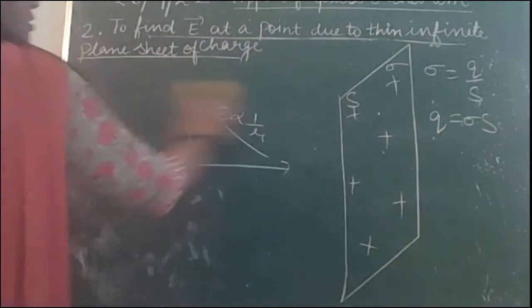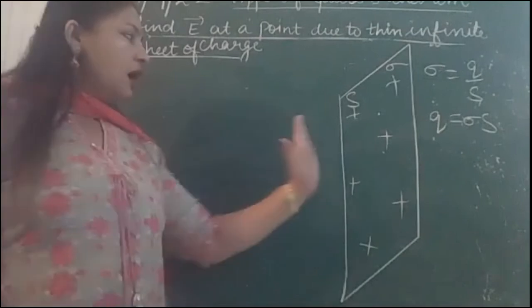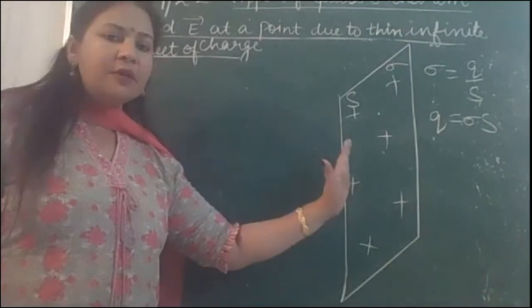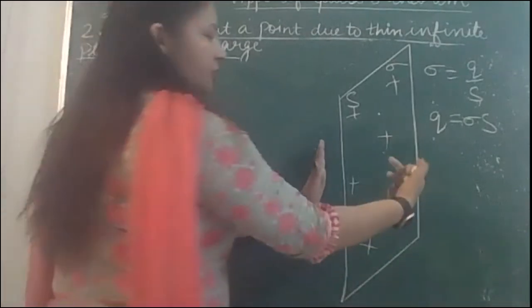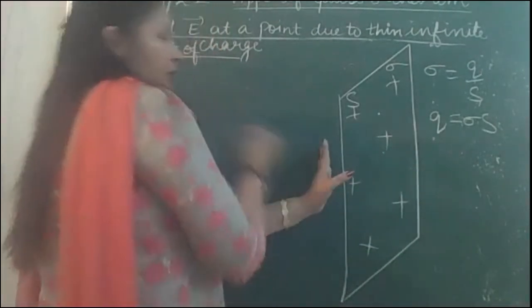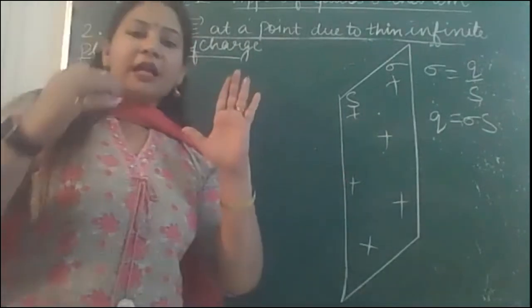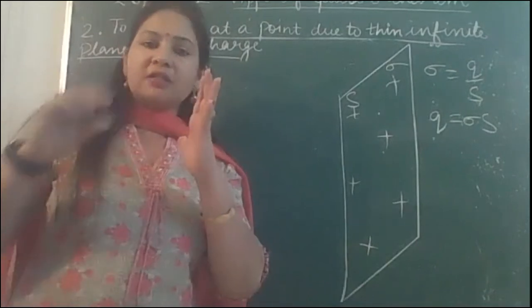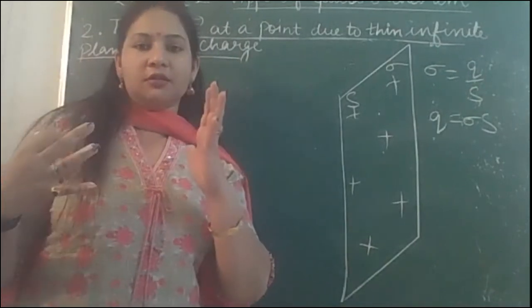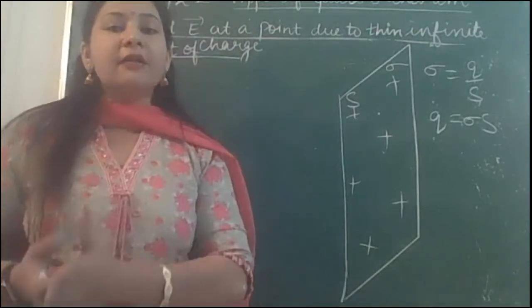Fine. So again let us start. First of all we have to imagine a Gaussian surface. Now I have drawn it this way, that means the sheet is perpendicular to the board. My observation point may lie this side or that side also. So what kind of surface can I imagine that will pierce through this plane sheet and pass through both the points of observation? Again that type of surface can be cylindrical.